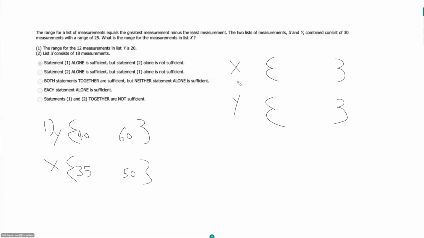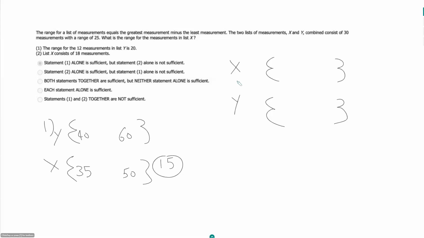And so in this case, everything checks out because our overall range is 25 and our range for list Y is 20. And so then it asks what is the range for list X, and here we get a range of 15. So is it possible to come up with numbers where I get a range for list X other than 15? So let's think about this.